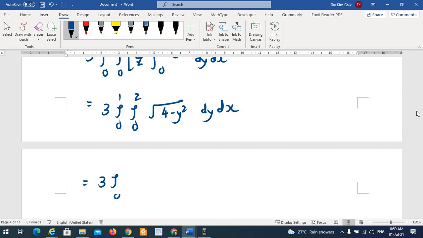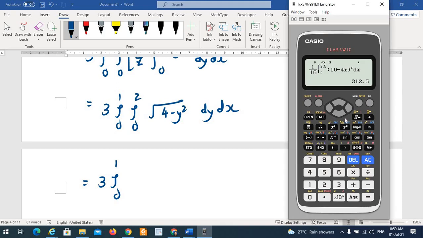So you can use your calculator here. Integrate the square root of 4 minus x squared, since in the calculator you have to change y to x, from 0 to 2.